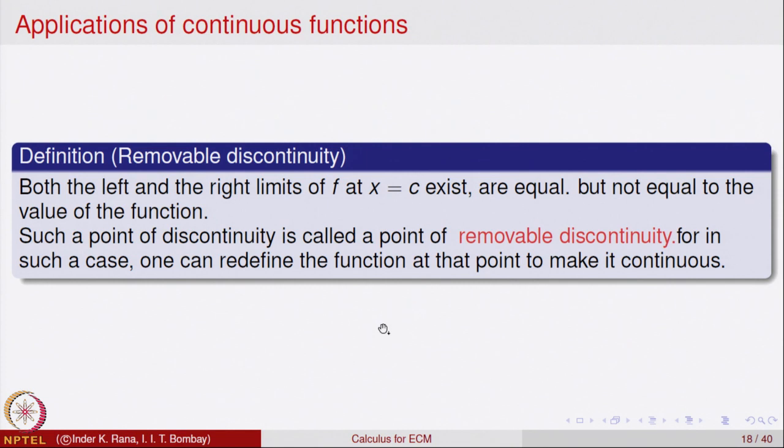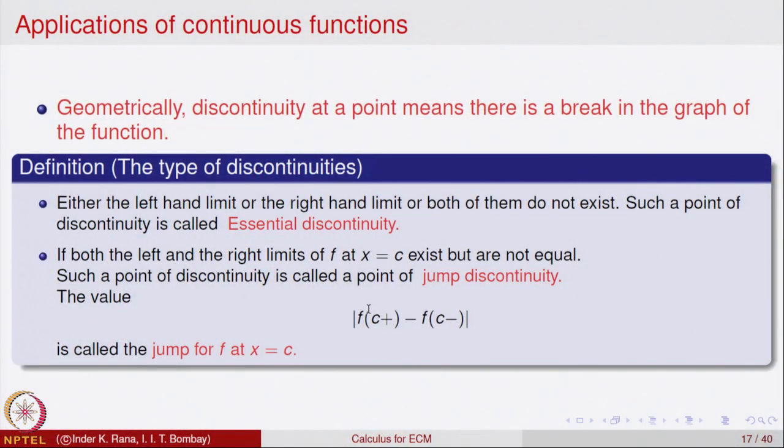So, there are three types of discontinuities. One is called essential, which cannot be removed, because either the left limit does not exist or the right does not exist or both do not exist. The second is called the jump discontinuity, where both the left and the right limit exist, but are not equal.